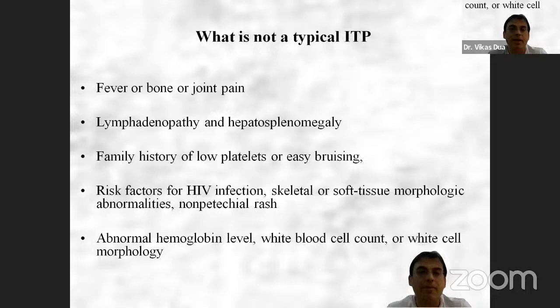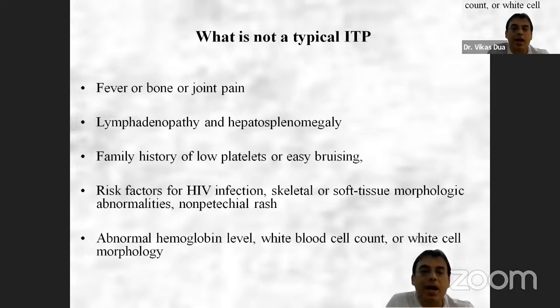If I give you the same example again, what I was talking about, the 3-year-old girl has come to your clinic with a 24 hour history of petechial spots, ecchymotic patches, otherwise on examination, nothing, no hepatosplenomegaly. And if you see that the hemoglobin is 7 with a platelet count of 8,000, please look at the indices. If the patient has a low MCV, that means it might be an iron deficiency anemia along with ITP.